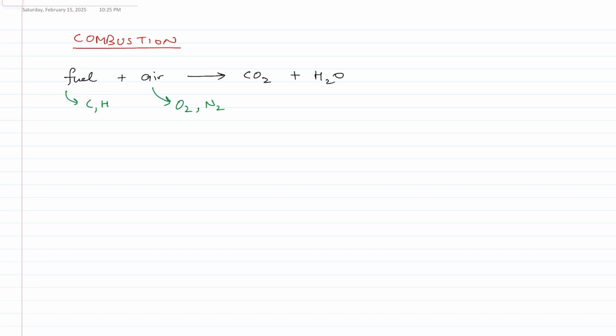So, if we write air, we know it is 21% of oxygen and 79% nitrogen.